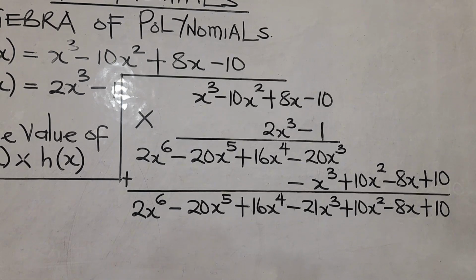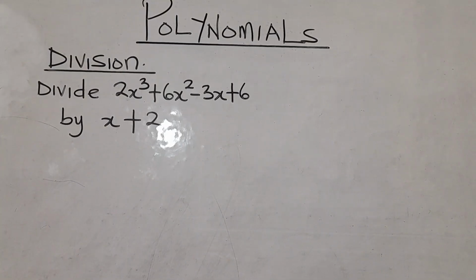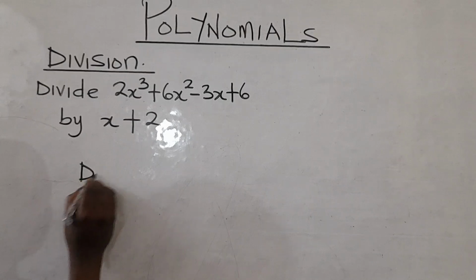Okay, let's go to another algebra of polynomials. Now we're looking at division of polynomials. I think this is one area that we actually have to pay more attention to. I'm going to use a rule I named DMX.